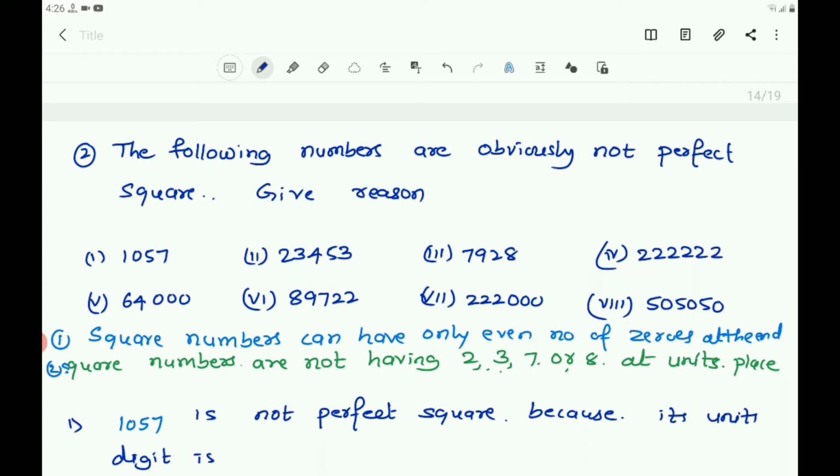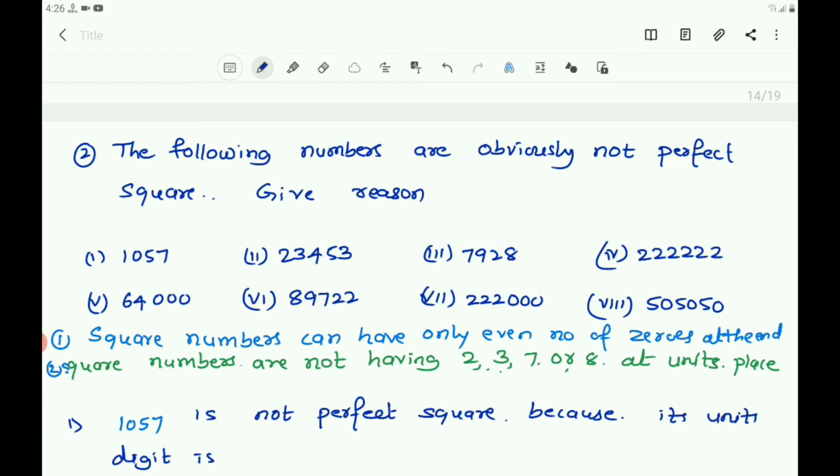First one is, square numbers can have only an even number of zeros at the end. If 0 is at the end, we have to count the number of zeros. If there is an even number of zeros, then it may be a square number. It may or may not be a square number, but square numbers have only an even number of zeros at the end.